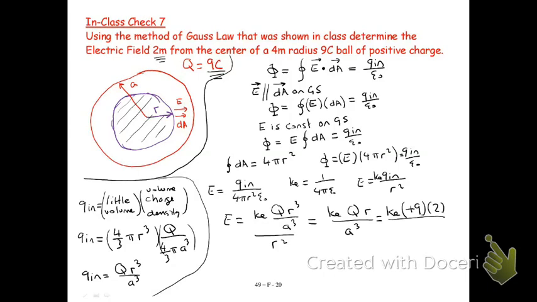The a cubed is the size of the actual ball of charge, which is 4 cubed. So E is equal to 18 over 64 Ke, which equals 9 over 32 Ke newtons per coulomb meters squared.